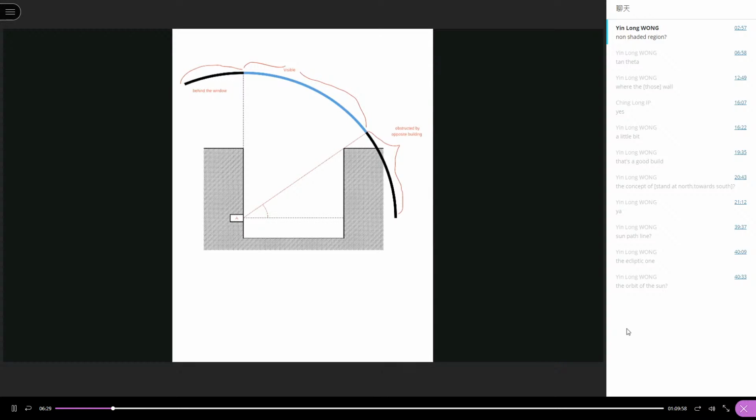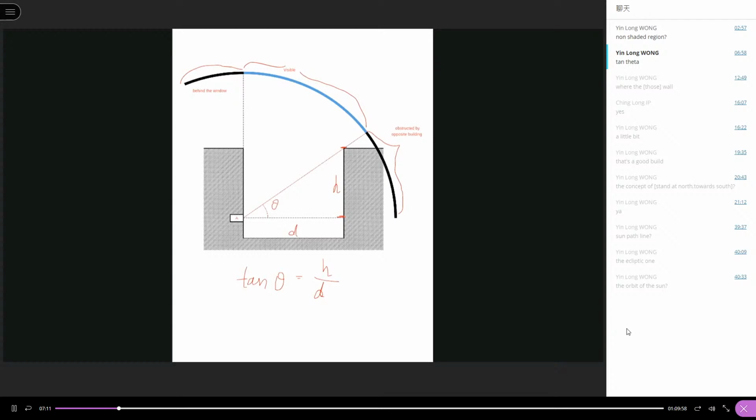If we have the distance D, and the height H, where H is the height of the top of the opposite building above the horizontal line of flat A, then we can calculate the angle theta. Tangent theta equals H divided by D, right?